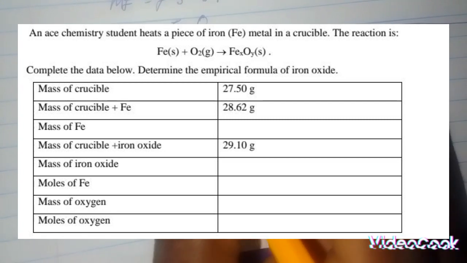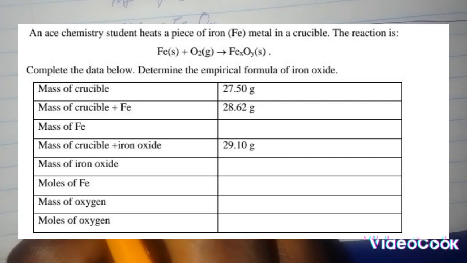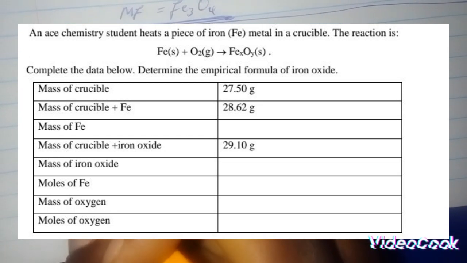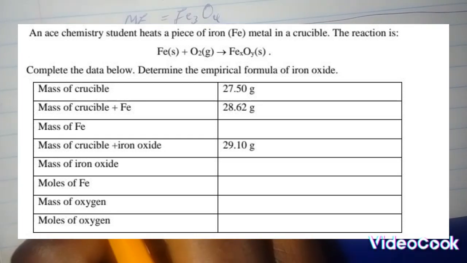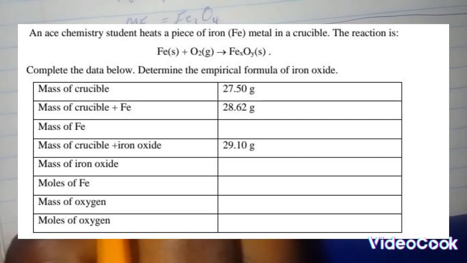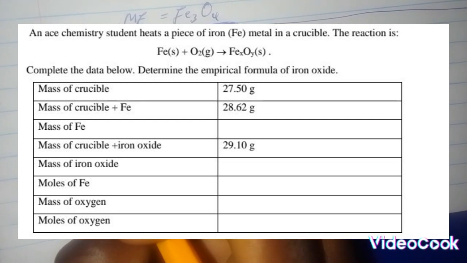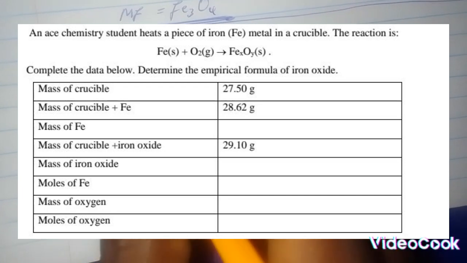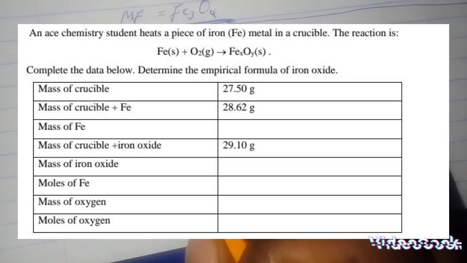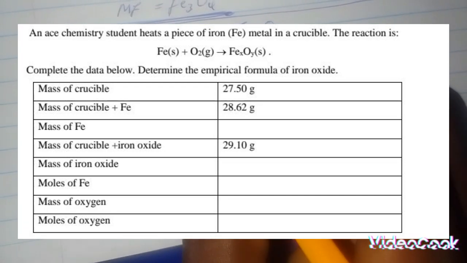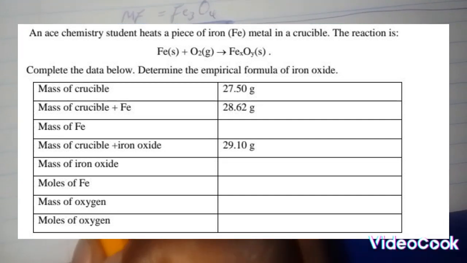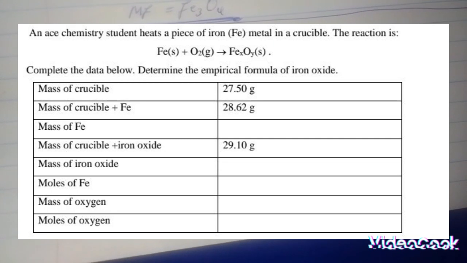Then we have the mass of iron, which is not given. Then the mass of crucible plus iron oxide. So we know that our iron oxide is this guy, which is 29.10 grams.